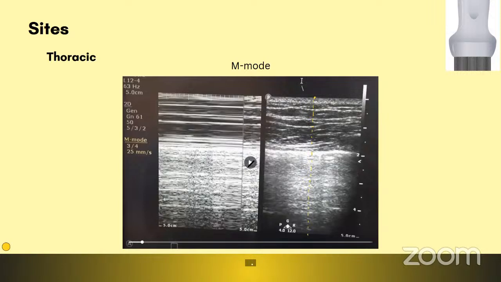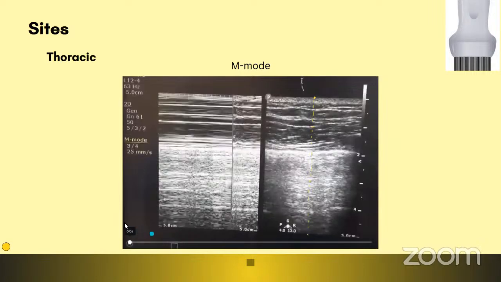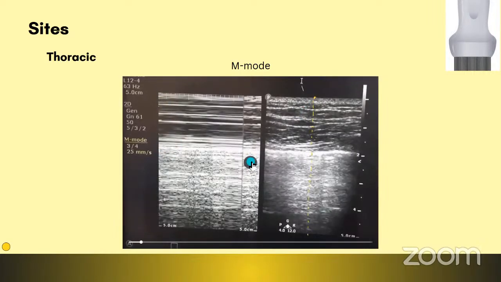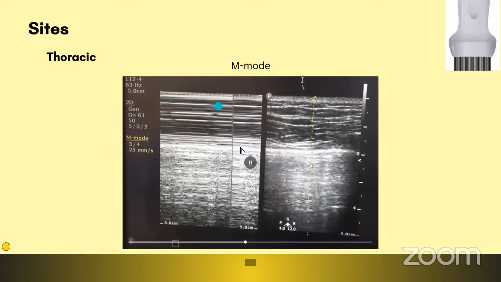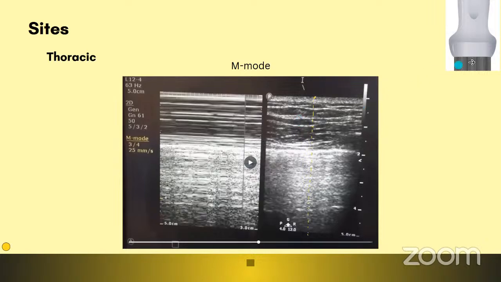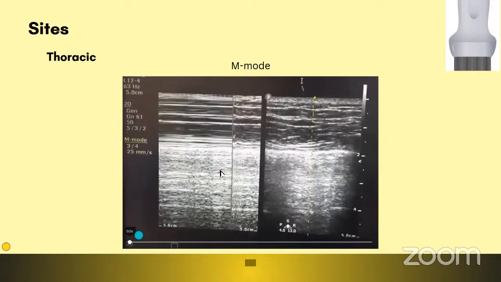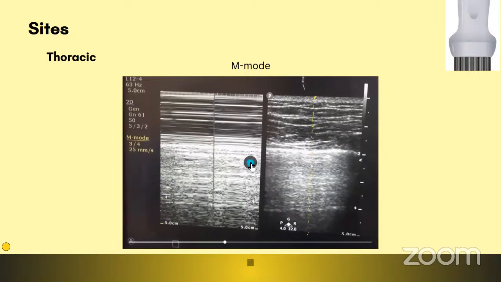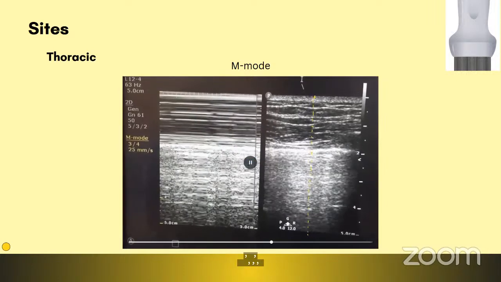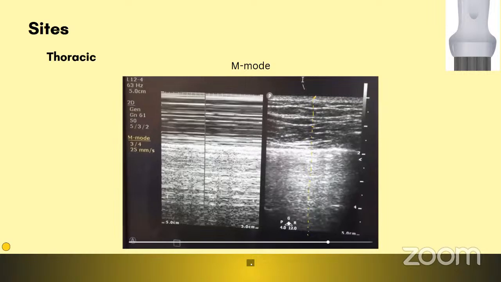What M mode does is it produces a series of one-dimensional images across this cross section to form a 2D image, as you can see. At this point, the linear probe must be completely stable over the patient's skin so as not to create crinkles in the M mode image. Able to see here? Good.